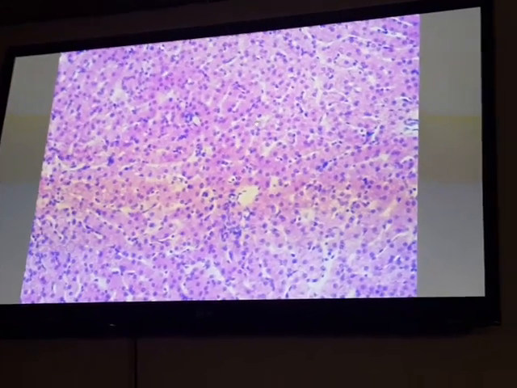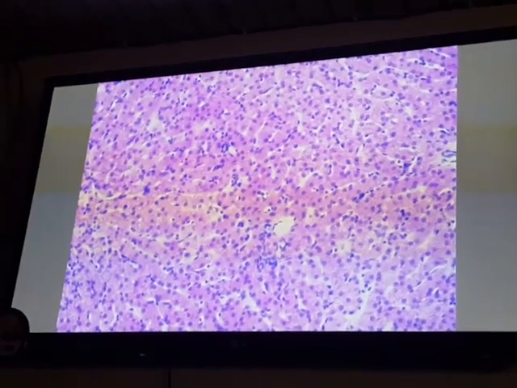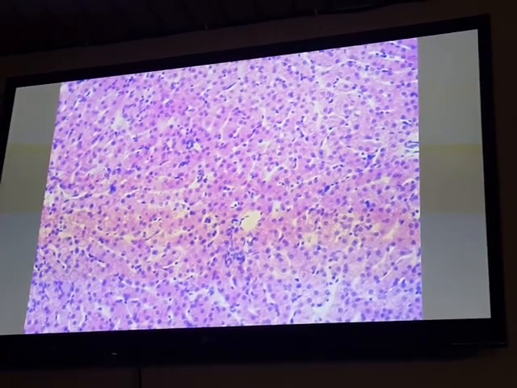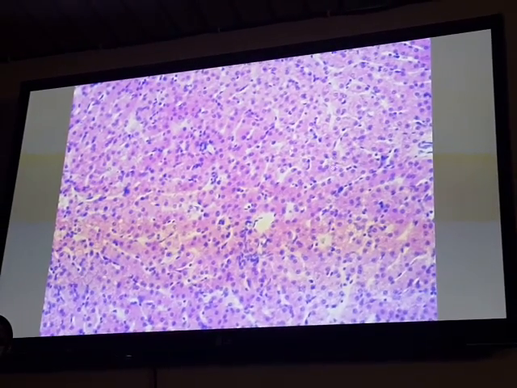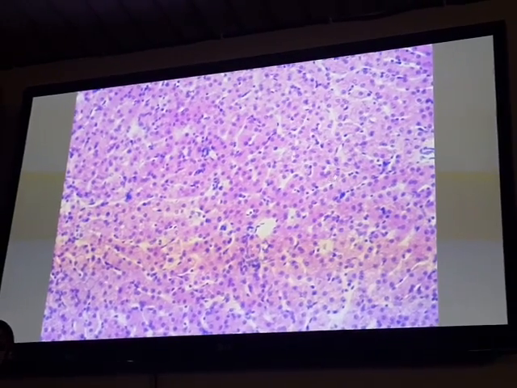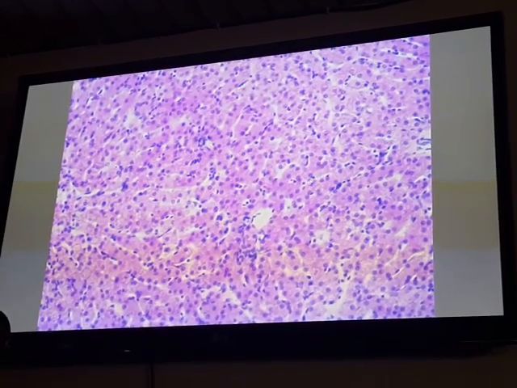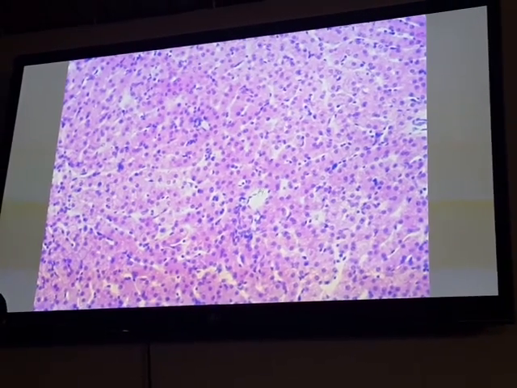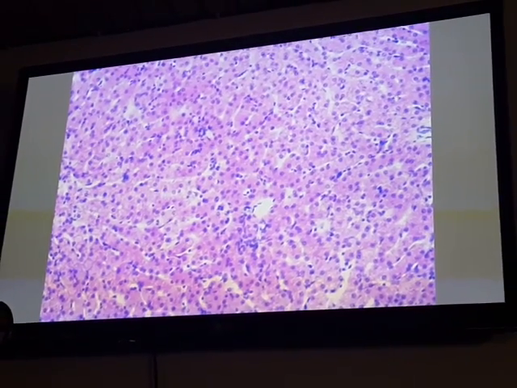These cells are arranged in interconnected plates. All these hepatocytes are arranged as interconnected plates disposed radially from the center of the lobule to the periphery.